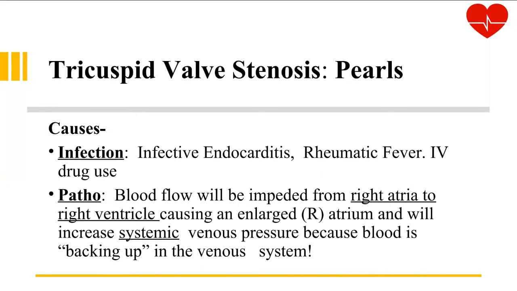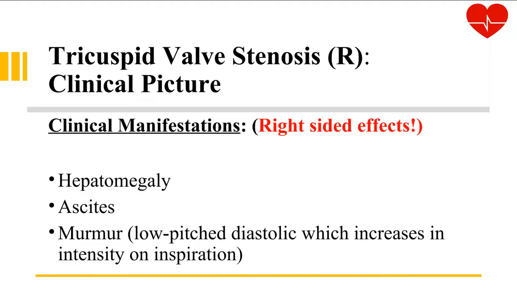Ascites, edema, peripheral edema. What else? JVD. You can also have splenomegaly and hepatomegaly as well. So those are the kinds of things that you're going to see in a patient with tricuspid valvular stenosis.